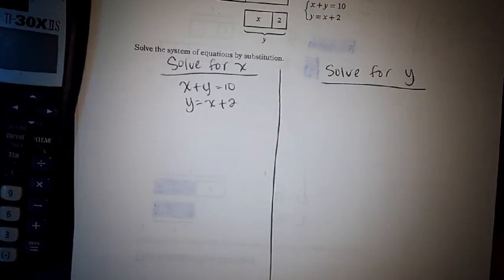So if we're going to solve for x, we're going to try to get the value of x first. The other one we're going to solve for y. So we're going to do the exact same thing, but we are going to solve for the value of y instead of the value of x.